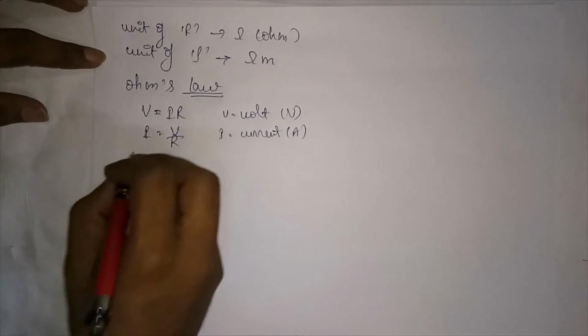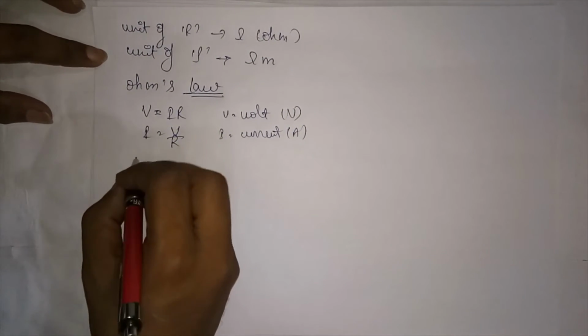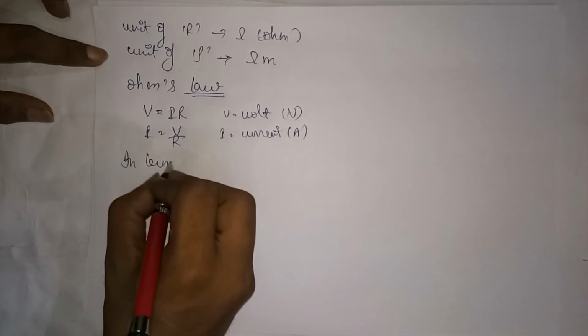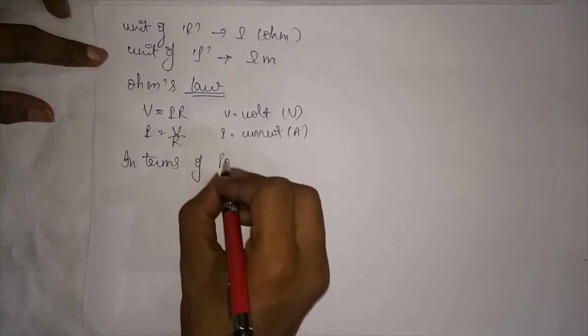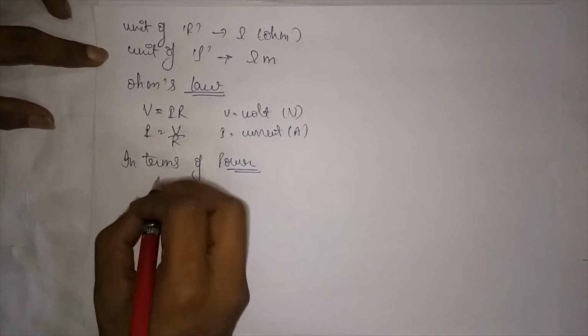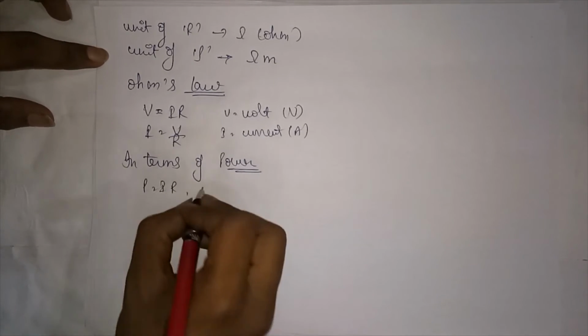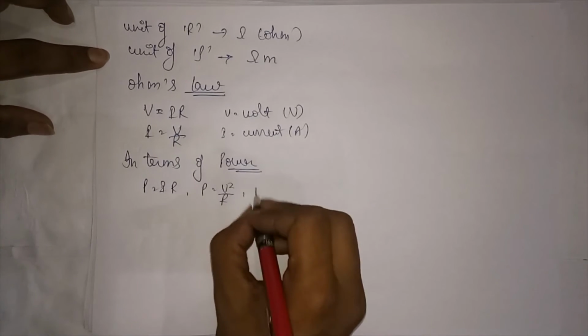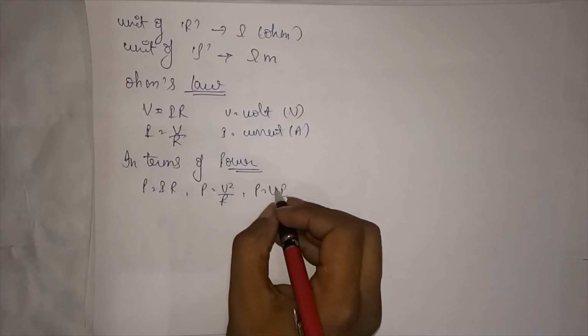We have a few more equations in terms of power: P equal to I squared R, also P equal to V square upon R, and P is equal to VI also.